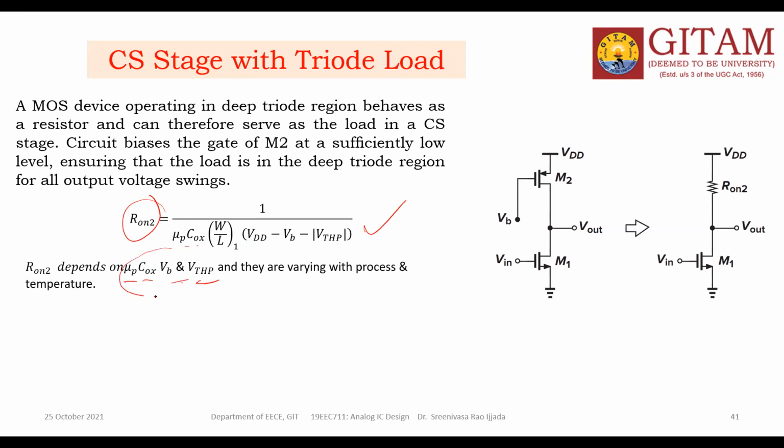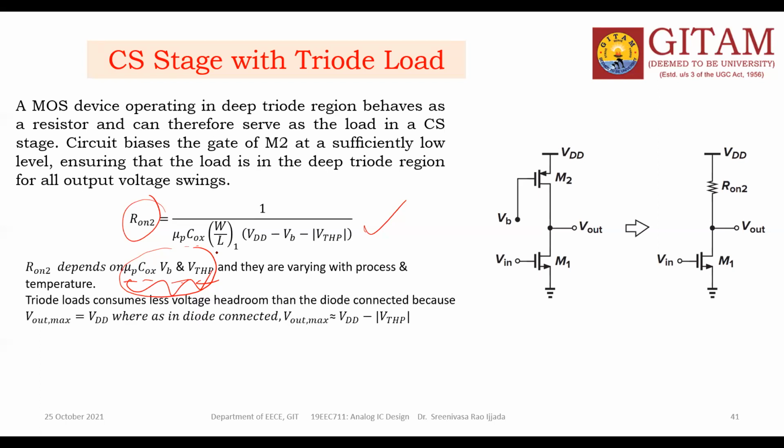It depends on all these values, and they vary with process and temperature, PVT again. Whenever the process changes, these values change and the resistance value changes. Whenever the temperature changes, these values change, and correspondingly there is a resistance change. So this is the thing.